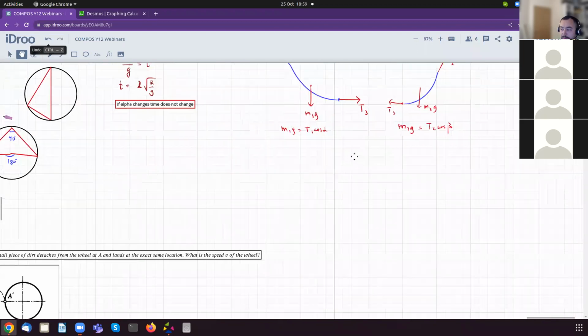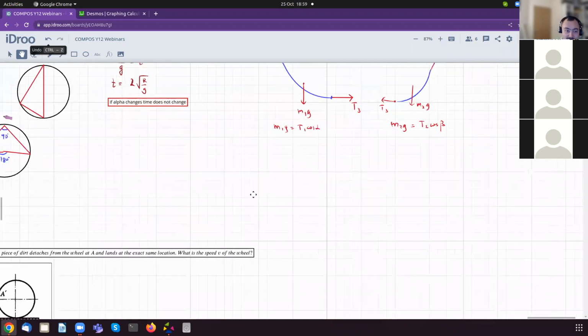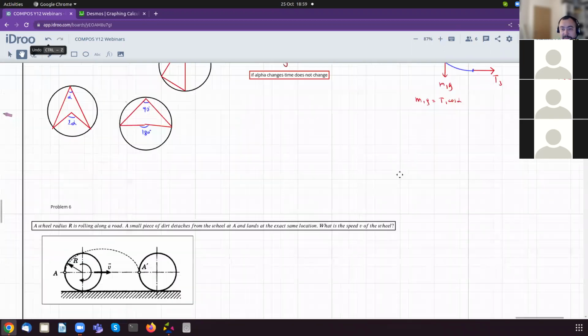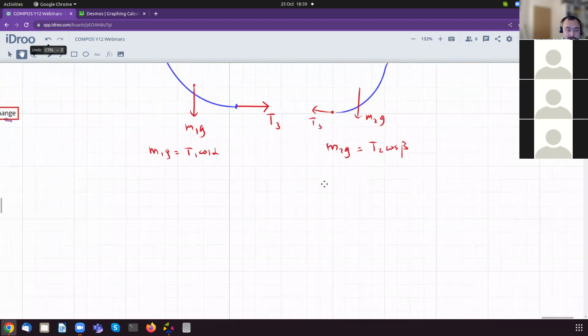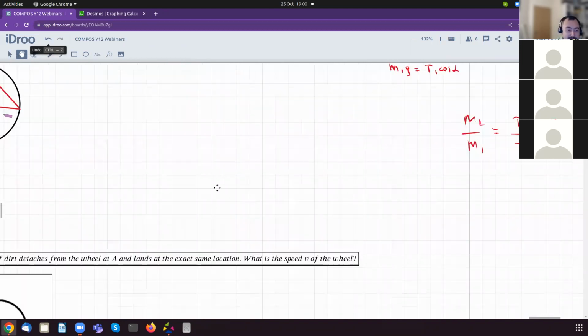Or you might just need the ratio of masses, so you just divide them. M2 to M1 is going to be T2 cos beta divided by T1 cos alpha. And the ratio of T2 and T1 you already know from the previous problem.